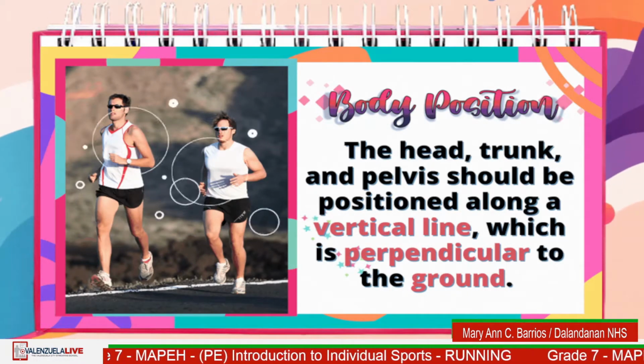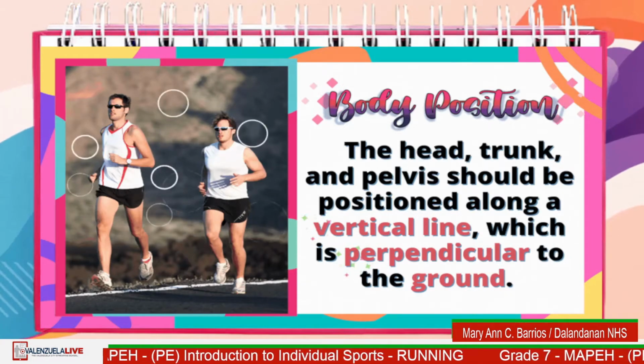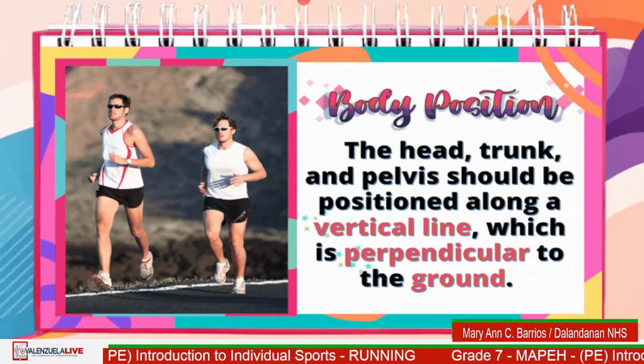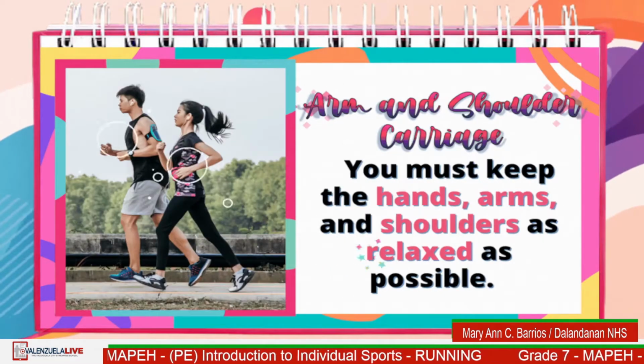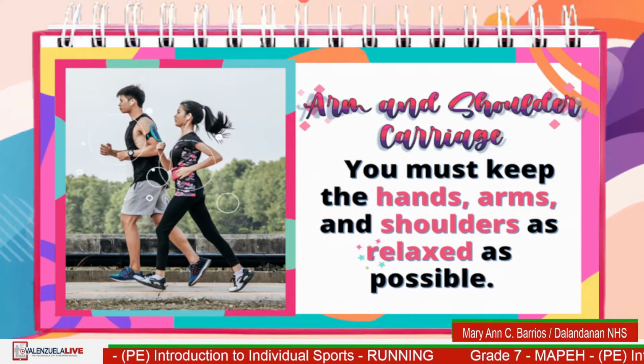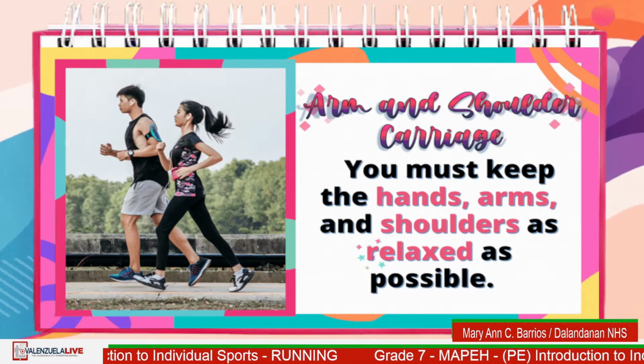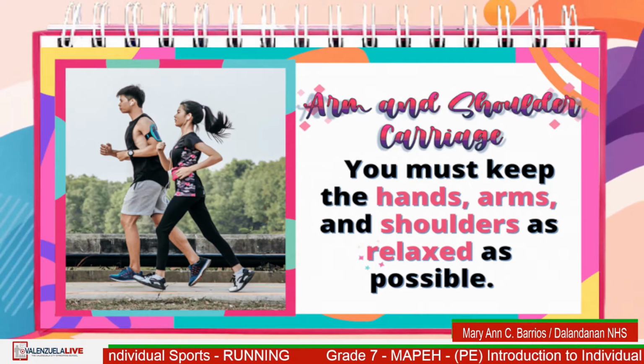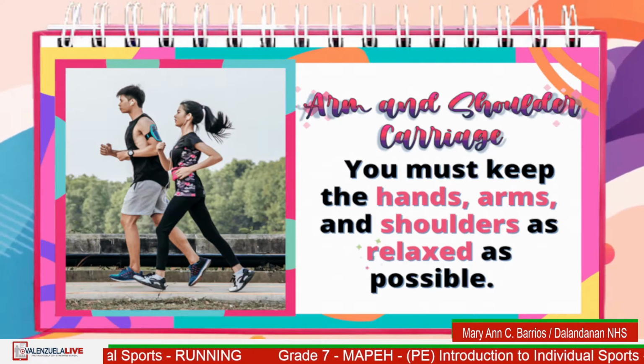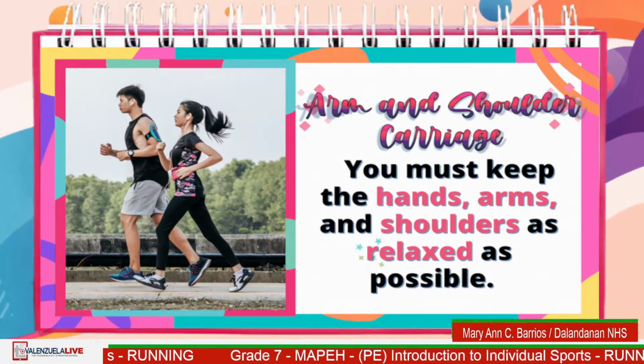This helps to ensure that the pelvis is in the most efficient position. Arm and shoulder carriage. Your shoulder must move in coordination with the arms. You must keep the hands, arms, and shoulders as relaxed as possible.